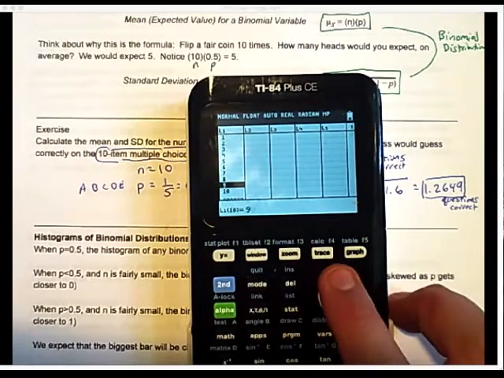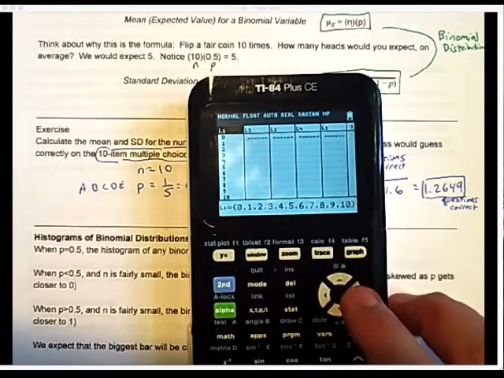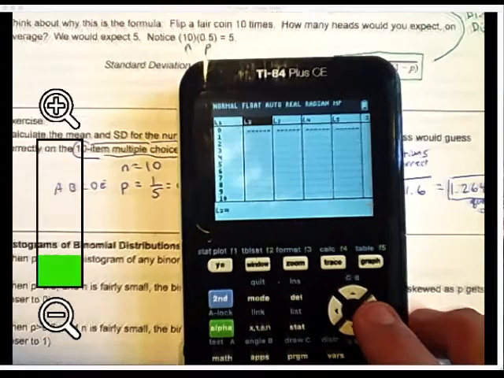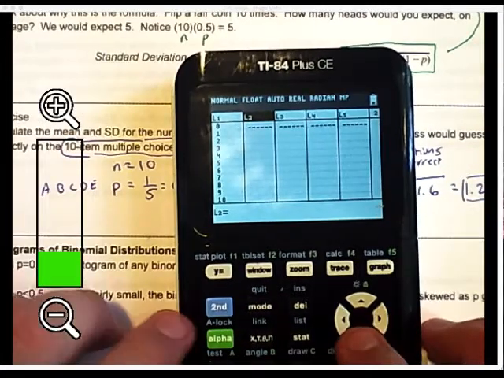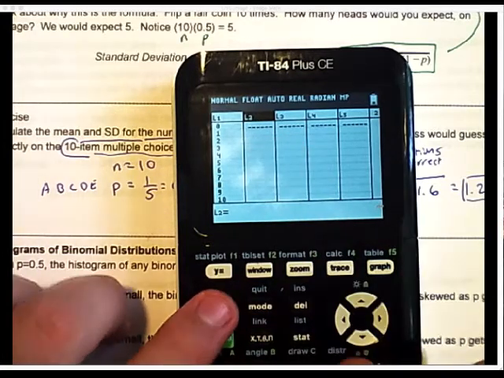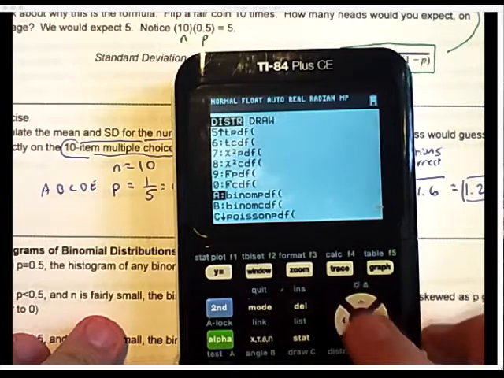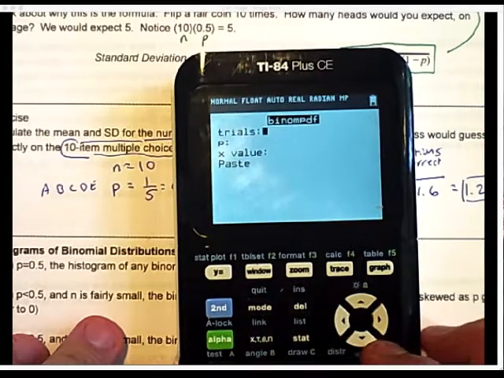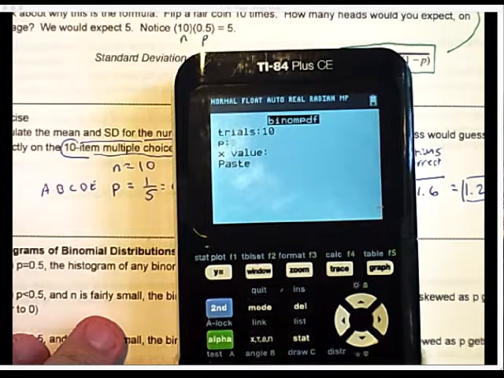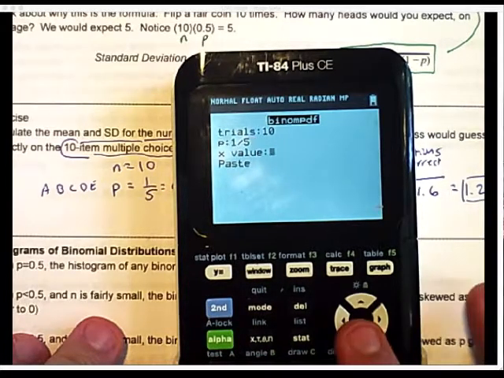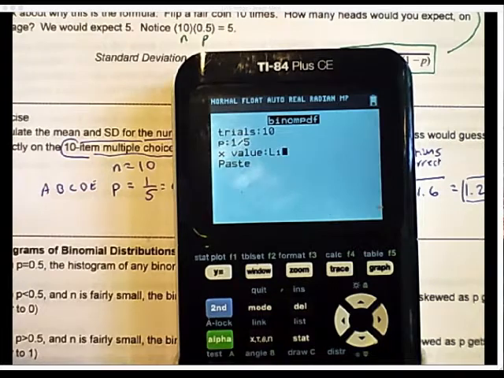Let's put the binomial probabilities into list 2. I'm going to go up to L2, go to distributions, and go down to binom PDF. There are 10 trials, the probability of getting one right is 1/5, and the X value is going to come from the numbers in list 1.